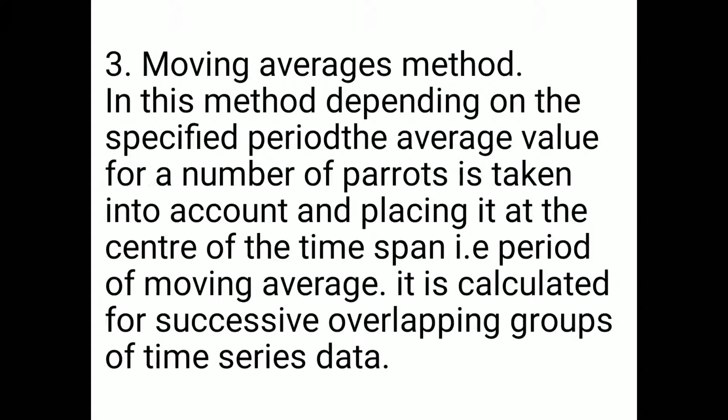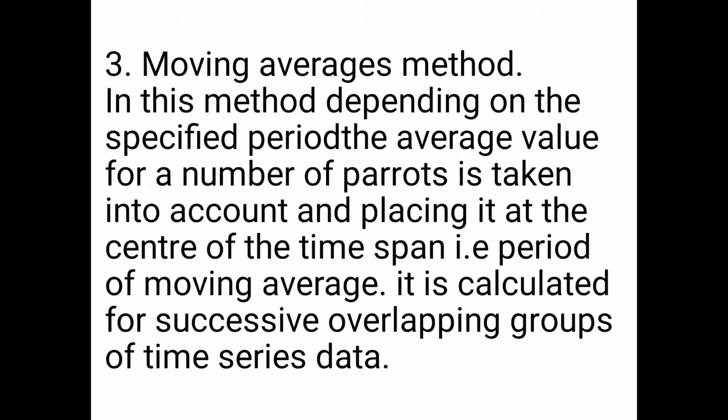The method of moving averages is also based on the arithmetic mean method. The average value for a number of periods is placed at the center of the time span, that is, the period of the moving average. It is calculated for successive overlapping groups of time series data.